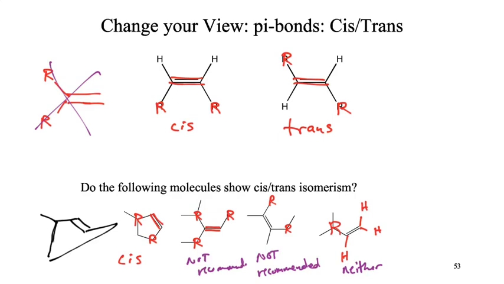So with some ring structures, chapter 4, we won't be able to rotate, which means we don't need to reference it as a cis double bond, because it by default will be cis. It can't switch to trans.